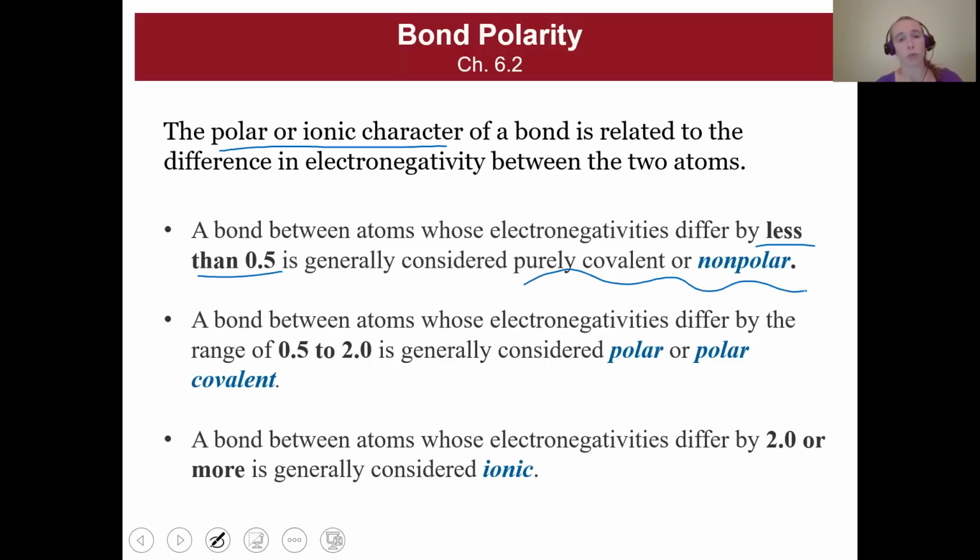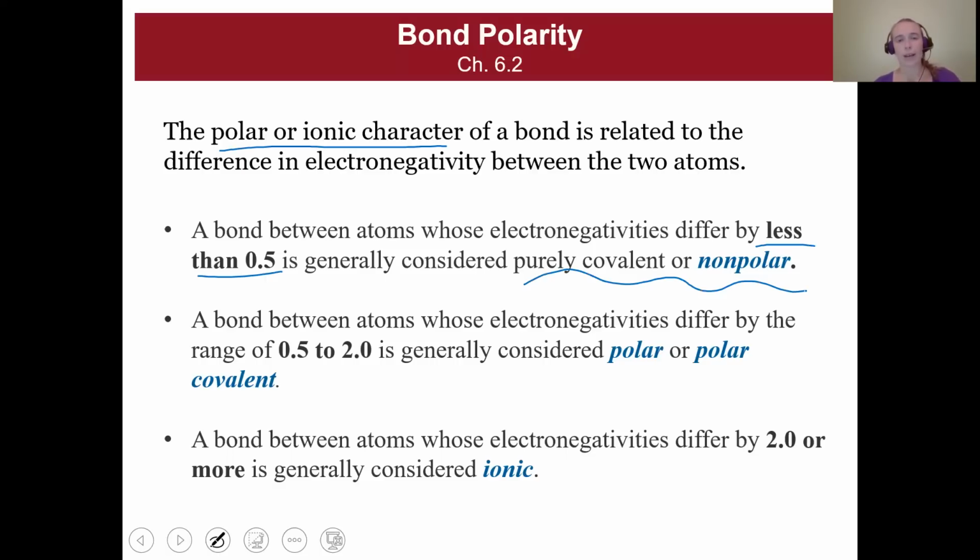So for example, if you look at two atoms that are the same, like fluorine and fluorine, fluorine is a really electronegative atom, but when it's bonding with another fluorine atom, the difference is 0. So that's a purely covalent bond.